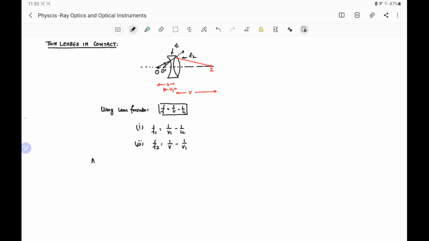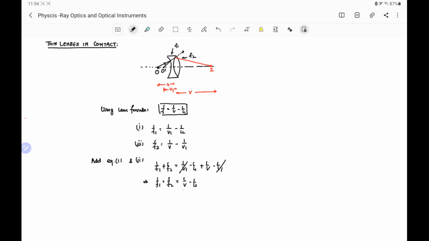Now we add equations 1 and 2, and we get 1 by f1 plus 1 by f2 equal to 1 by v1 minus 1 by u plus 1 by v minus 1 by v1. 1 by v1 gets cancelled. This implies that 1 by f1 plus 1 by f2 equals 1 by v minus 1 by u. v and u are the distances of the object and image if we consider the combination of lenses as a single lens.